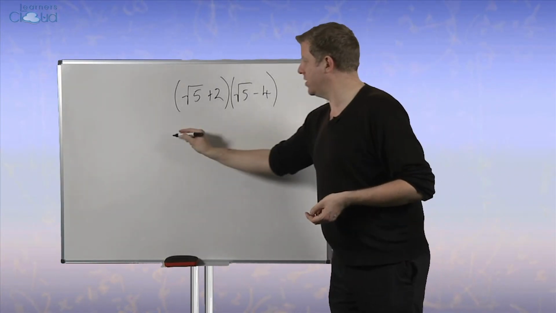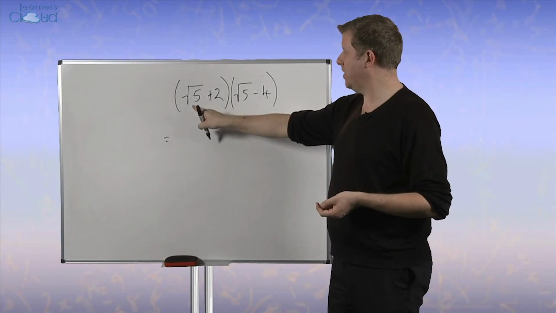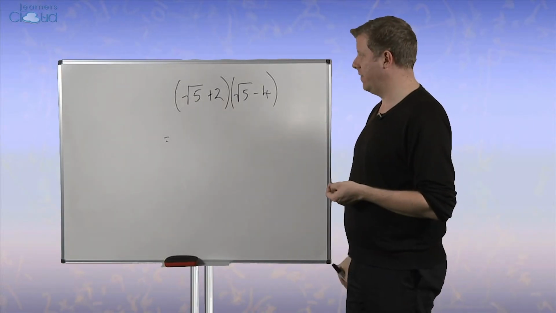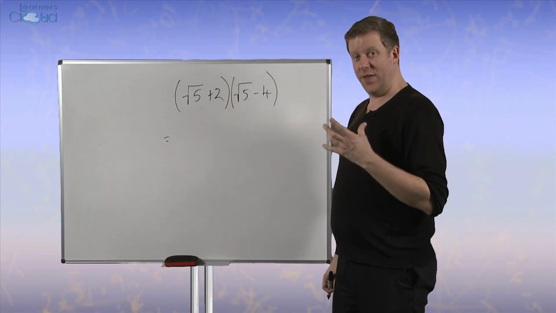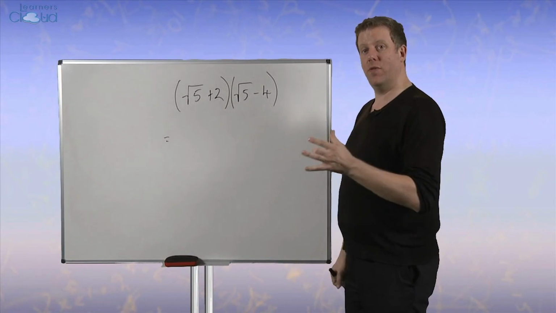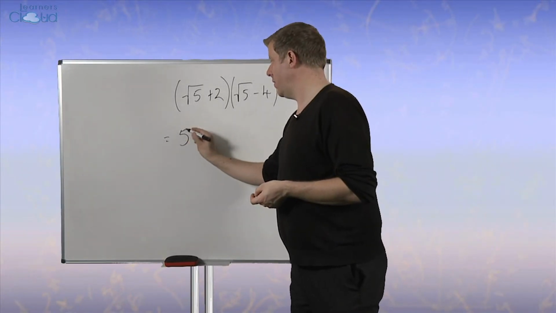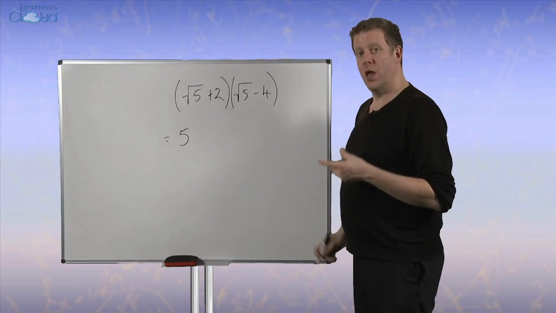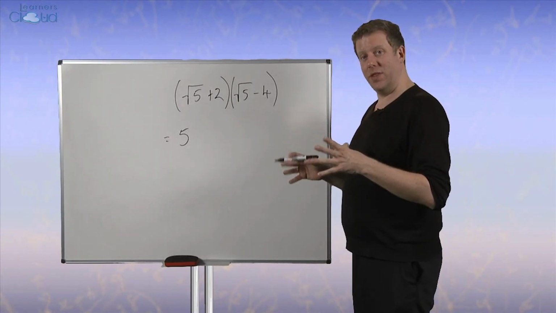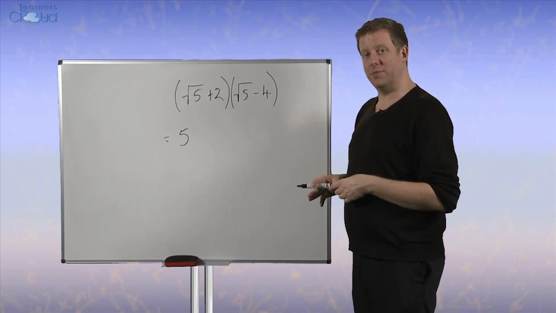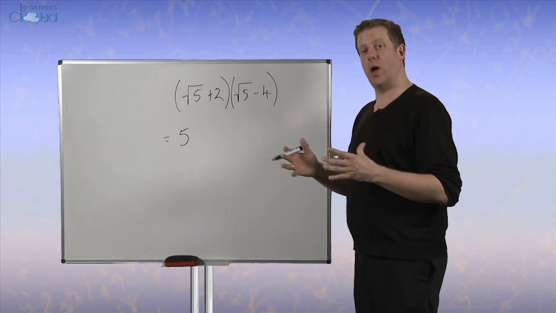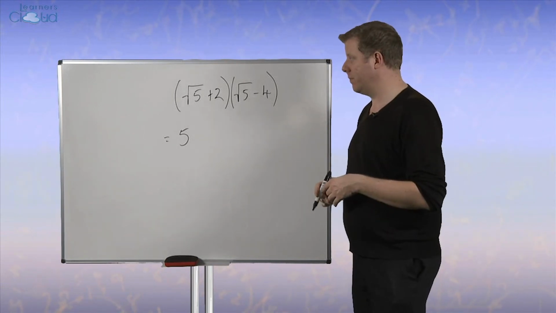Remember, first, outside, inside and last. So I'm going to do first of all my first terms, root 5 times root 5, and you should all be aware of this very important fact. The square root of 5 times the square root of 5 gives me an answer of 5. Two square roots with the same number in them gives you that number when you multiply them together, as the squared and the square root would cancel each other out.